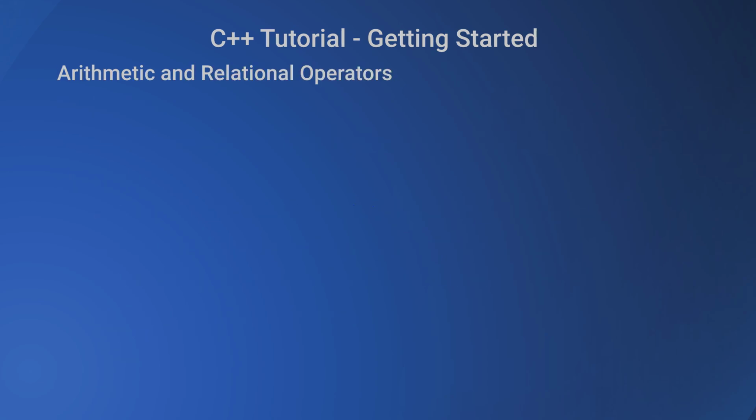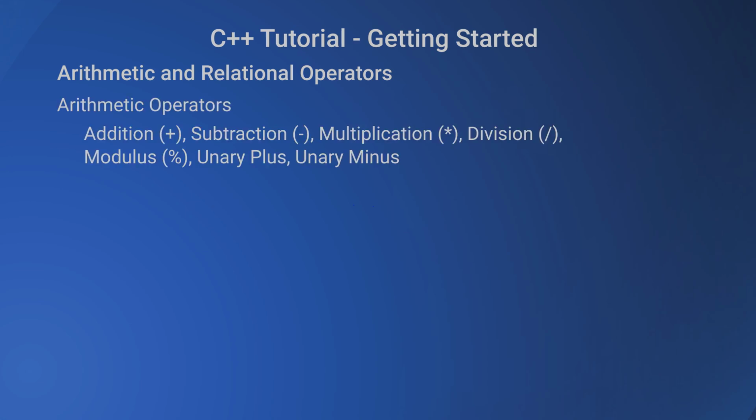Our next topic is arithmetic and relational operators. The arithmetic operators are for addition, subtraction, multiplication, and division. Then there is the modulus operator and unary plus and unary minus.